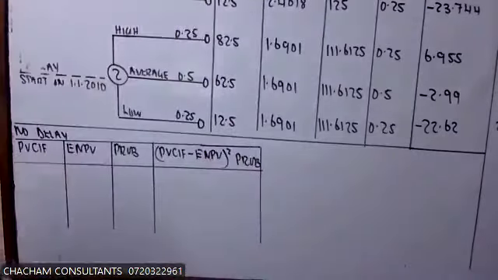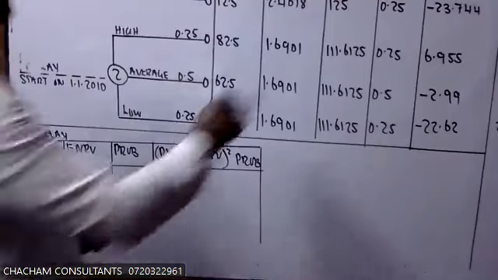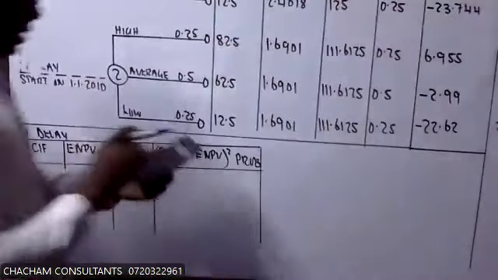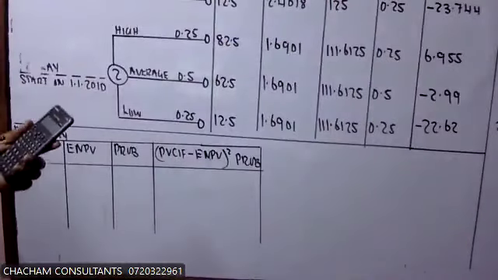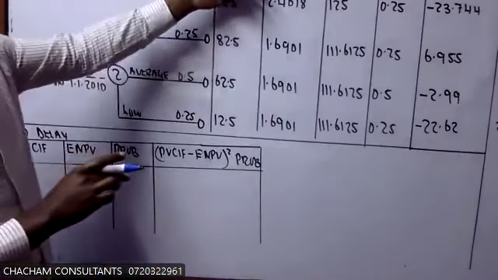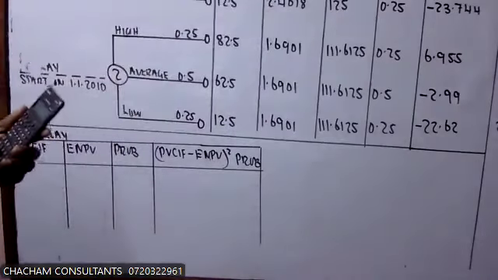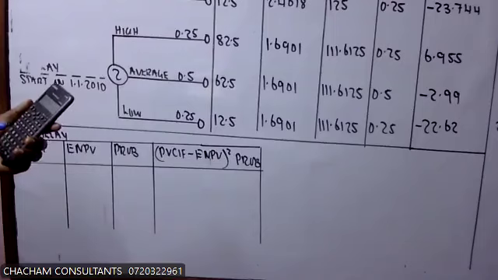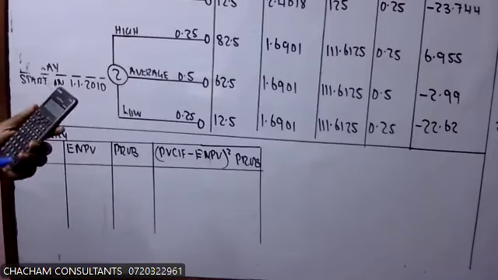So the present cash flow of the inflows, utachukua this one, 82.5 times 2.4018.